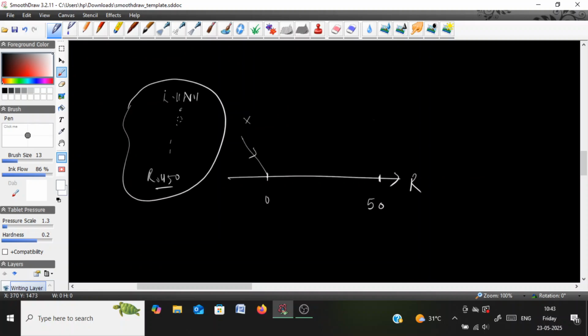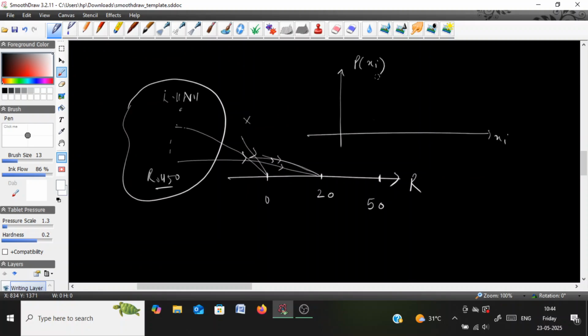So more than one student can have 0 marks, so they are mapped to 0. Likewise, if you suppose have 20 marks, there may be 3 students which are getting 20 marks. So all the 3 students are mapped to this number 20. And then we have defined its PDF, probability of x of i, so 0 to 50.